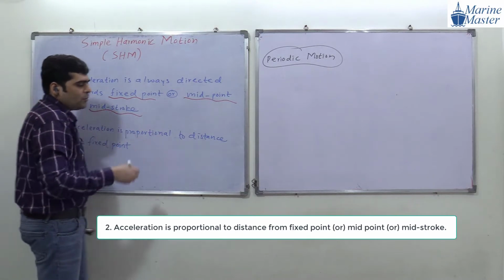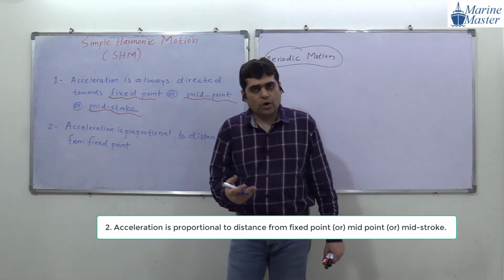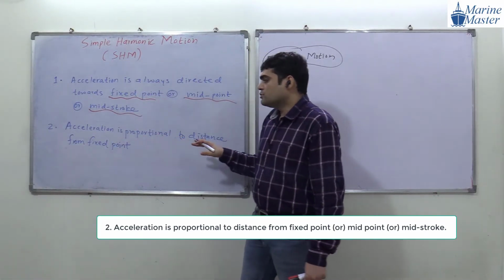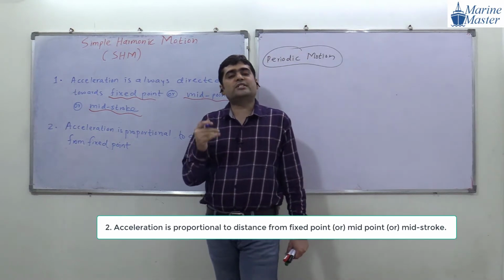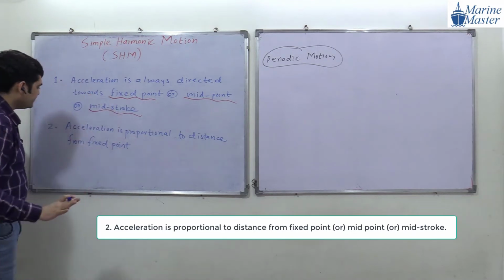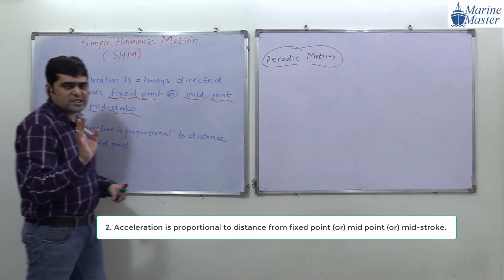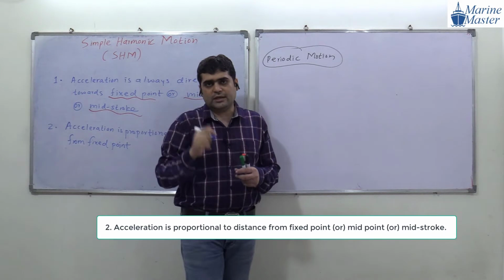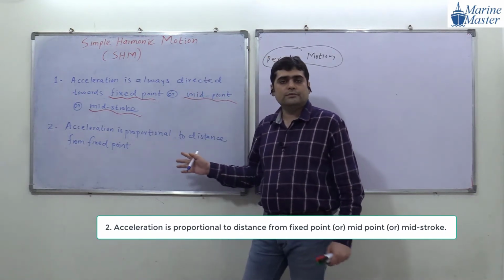What is another name for fixed point? Midpoint or mid-stroke. So acceleration is proportional to distance from the fixed point. I will explain the meaning of fixed point or mid-stroke here. Everyone completed this second point?